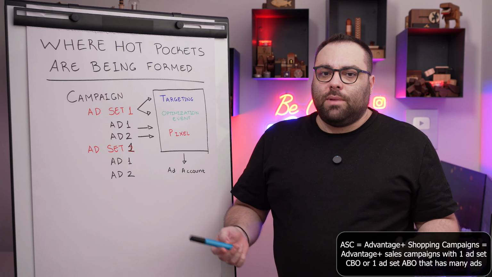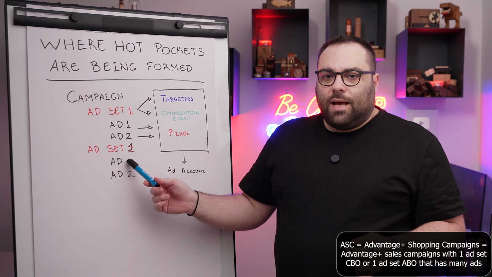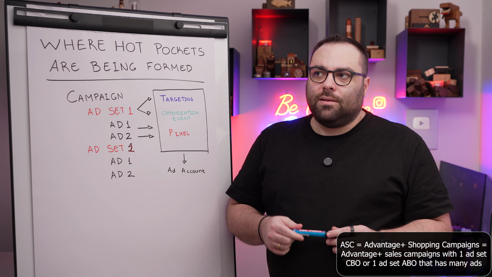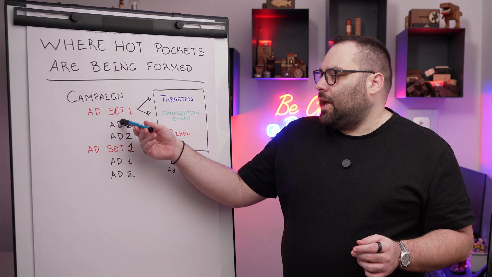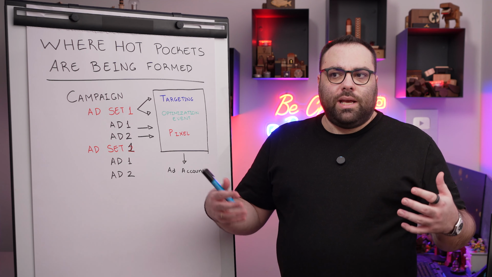Then ASC campaigns came into our lives. In an ASC campaign, we have just one ad set and many ads. And because this is who I am, I ran some ASC crazy method campaigns, which is running the same ad, exactly the same ad, duplicated several times.